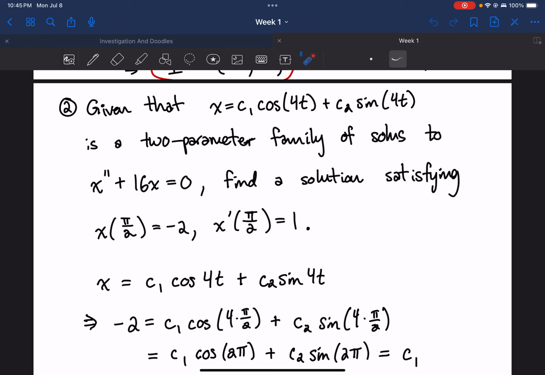So now we have a two-parameter family of solutions. x equals C1 cosine 4t plus C2 sine 4t. This is going to be a two-parameter family of solutions to the following differential equation. x double prime plus 16x equals 0.